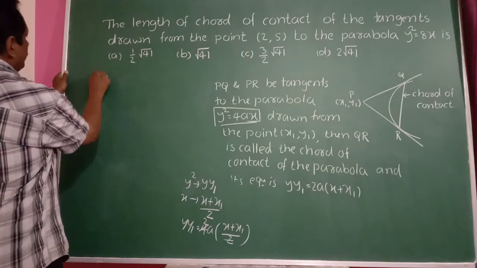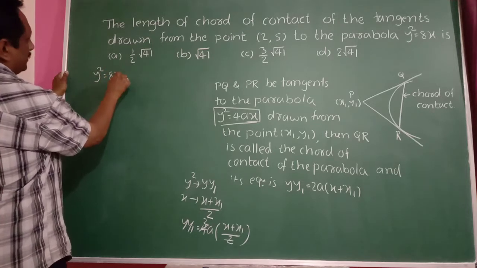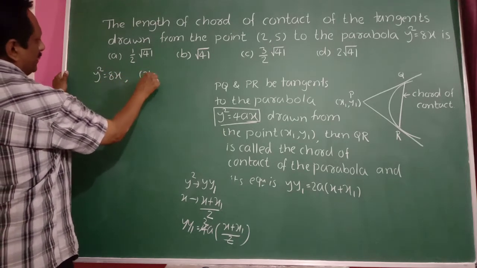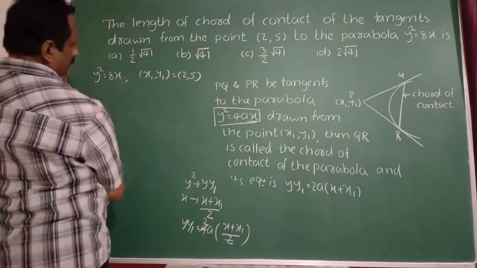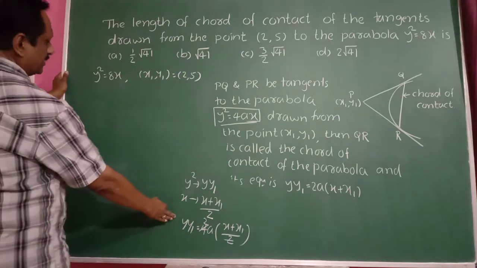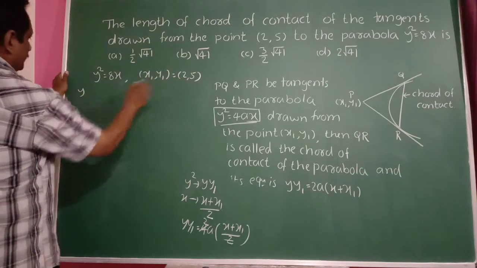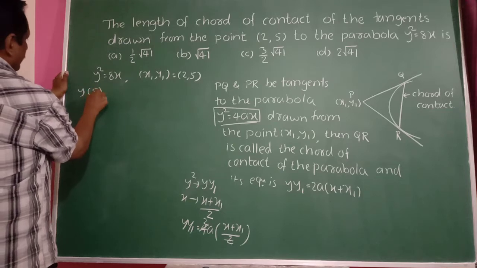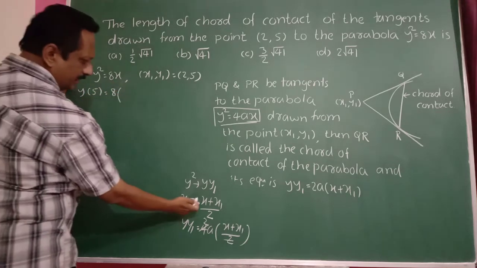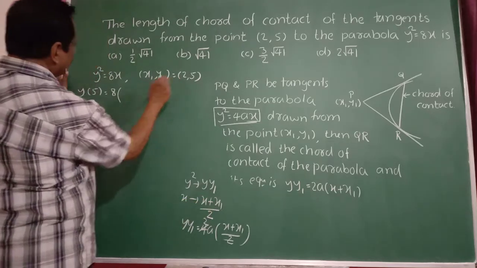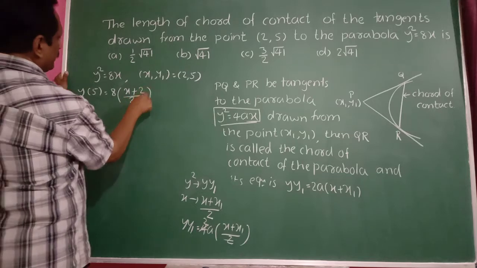So y squared equals 8x is the parabola. Then the given point (x1, y1) is (2, 5). According to this, replacing y squared by y y1, y into y1 is 5y. Then 8 into (x plus x1) by 2, where x1 value is 2, so (x plus 2) divided by 2.